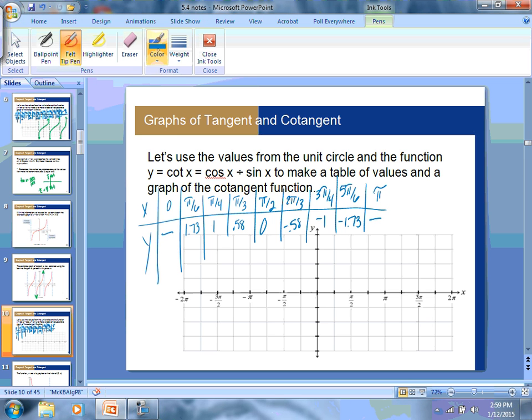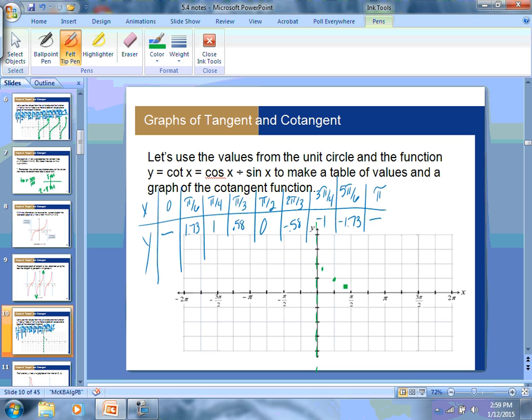So if I went to graph this, I'm going to stop there on my table of values because this is enough to see what the graph looks like. Okay, 0 is undefined, so that's where one of my asymptotes is going to be. And then at pi over 6, I'm going to have 1.73. Pi over 4 is 1.